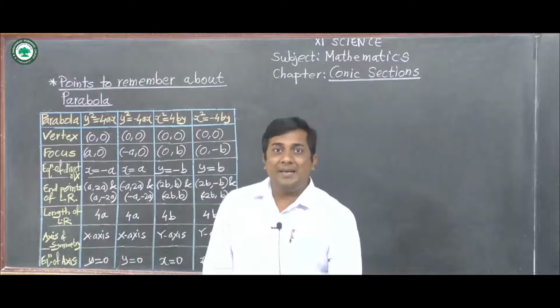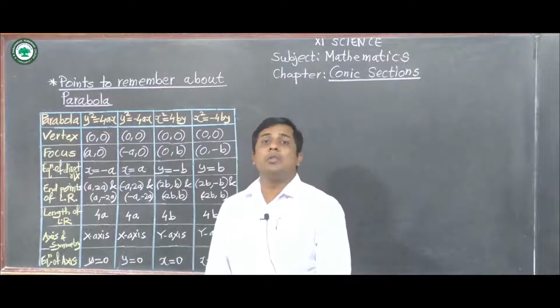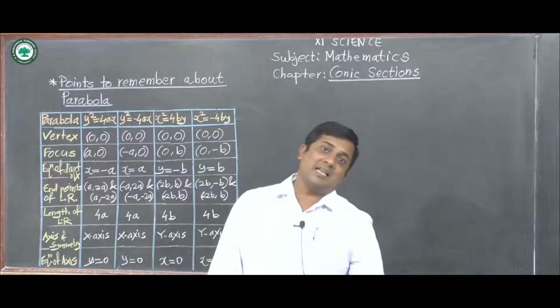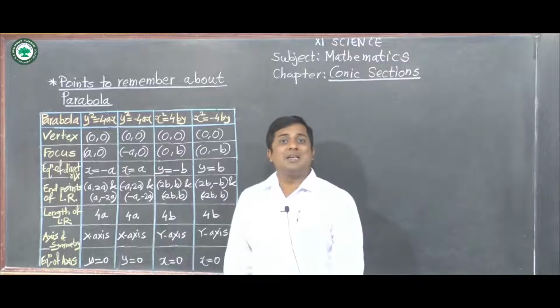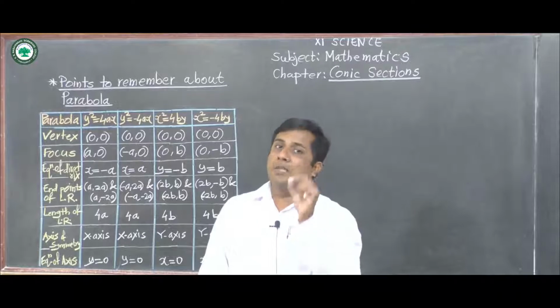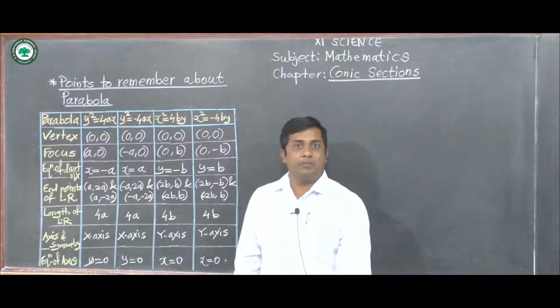The parabola is symmetric about the given axis, and lastly, the equation of the axis, that is the axis of symmetry. Here for y square is equal to 4ax, since we consider the standard forms of the parabola, the vertex in each is the same.